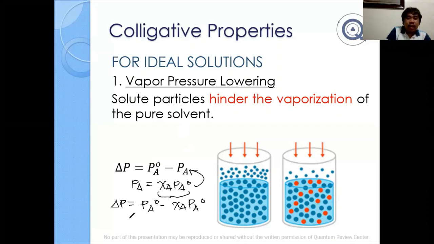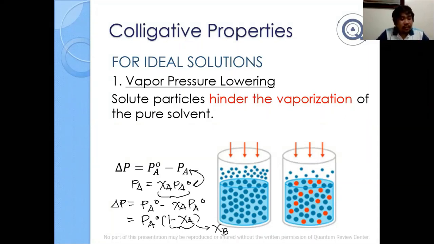And if we factor out the PA naught, you will have 1 minus XA, and of course, 1 minus XA will be XB if you have two components. So therefore, one of the final formulas sa colligative is that delta P is equal to XB PA naught.